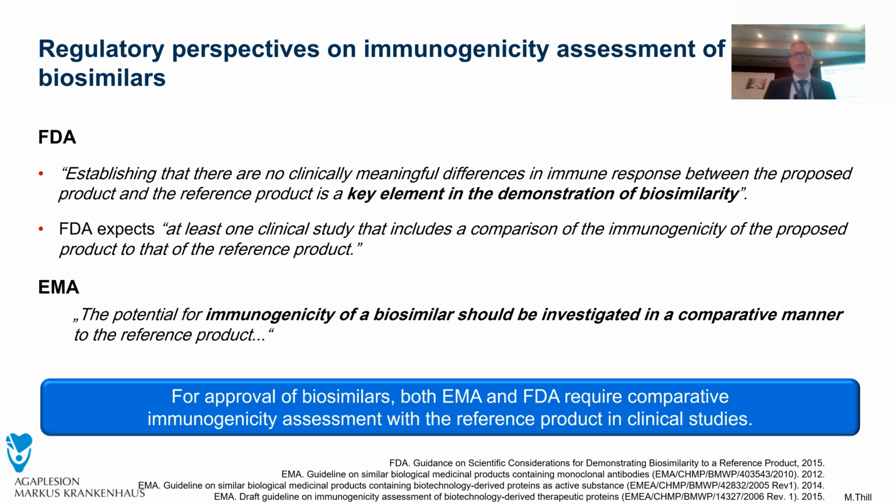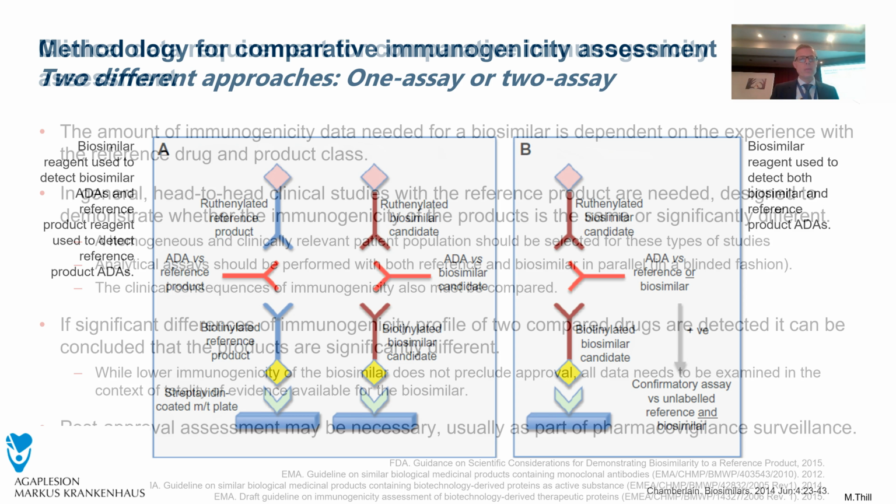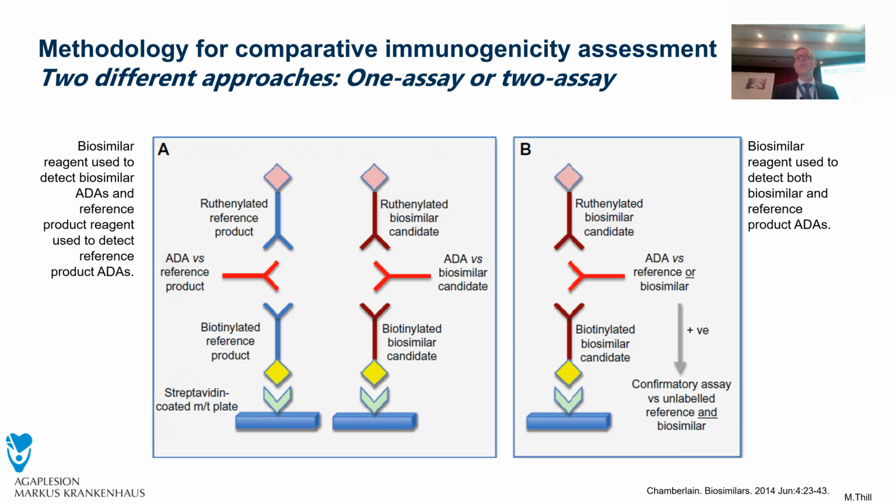Well, the regulatory perspectives: the FDA and the EMA say immunogenicity is a key issue, and for an approval of biosimilars, both EMA and FDA require comparative immunogenicity assessments with a reference product in clinical studies. I will skip this, and there are different methodologies.